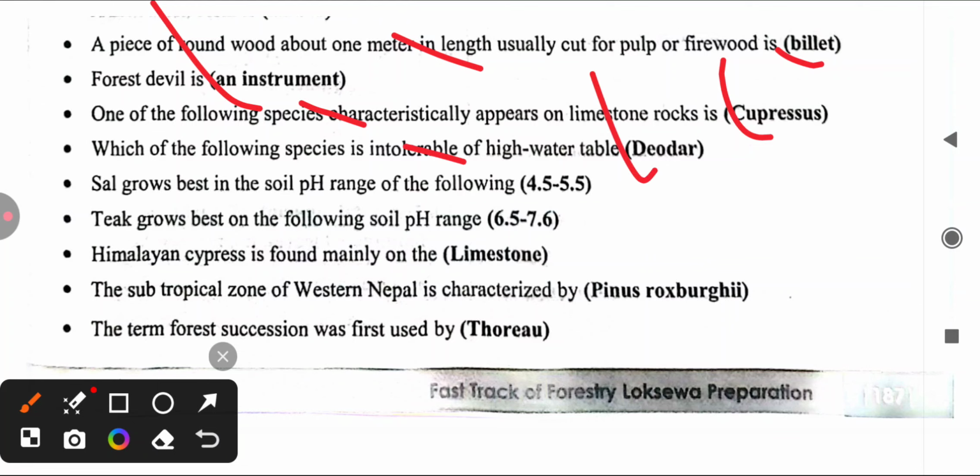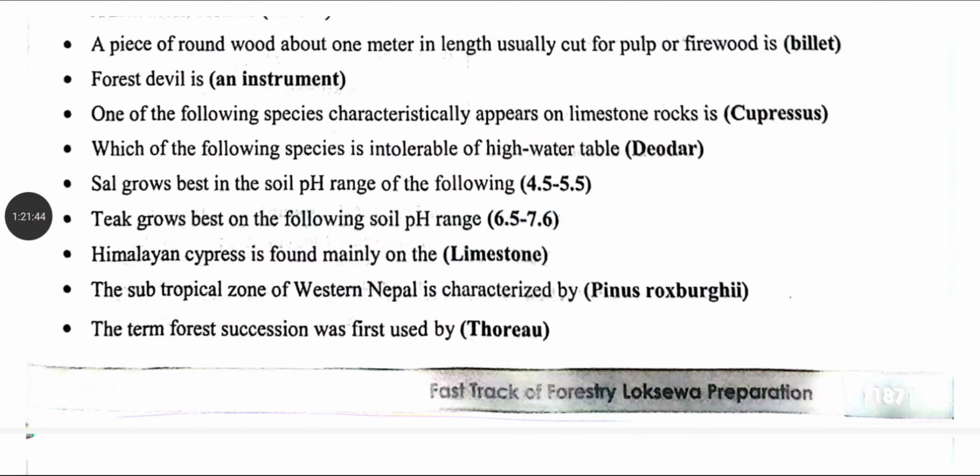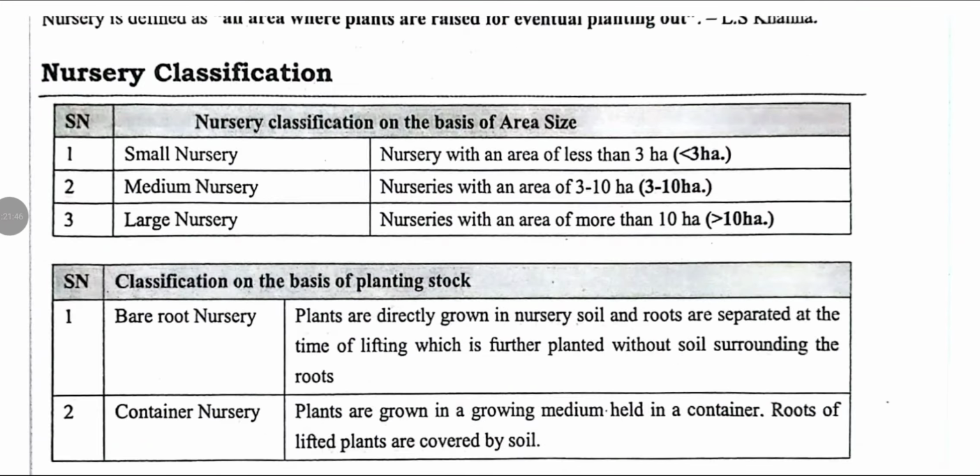High water table चाहिँ intolerable हुन्छ. Sal grow best in pH 4.5 to 5.5, teak 6.5 to 7.6. Himalayan cypress is found mainly on limestone, and Himalayan cypress चाहिँ लाइमस्टोनमा पाउँछ.